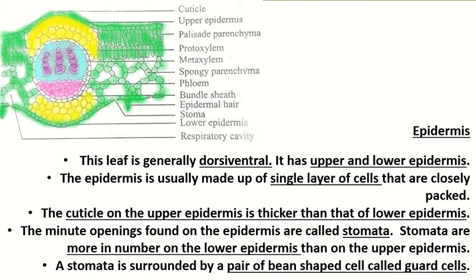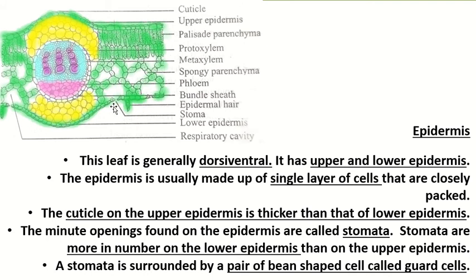The cuticle on the upper epidermis is thicker when compared to the lower epidermis. So this is the upper epidermis and this one is the lower epidermis. The minute openings, see here you can find an opening here and also here. This opening on the epidermis is called stomata.